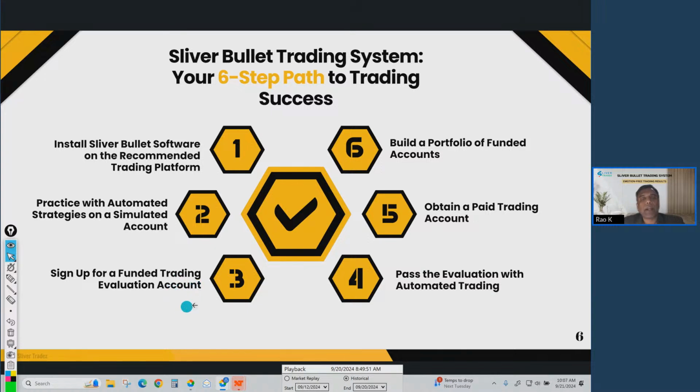And how it works is, if you buy an evaluation account of $25,000, what you have to do is achieve about 5% of $25,000, or around $1,500, without incurring 5% or about $1,500 in losses.